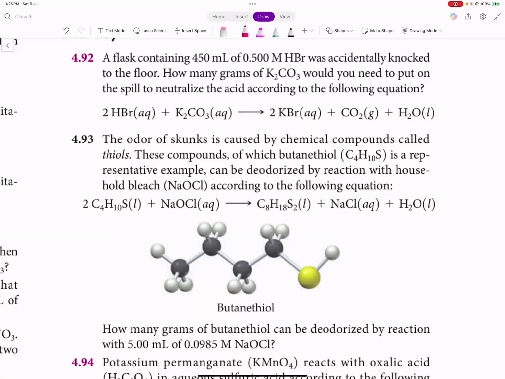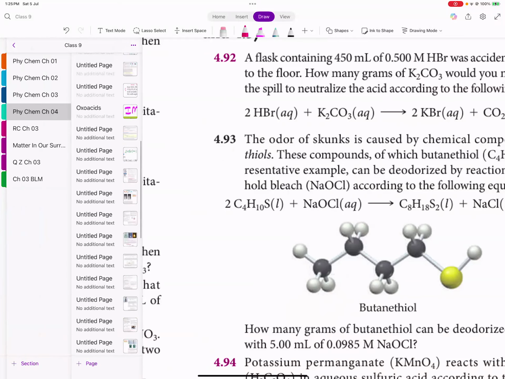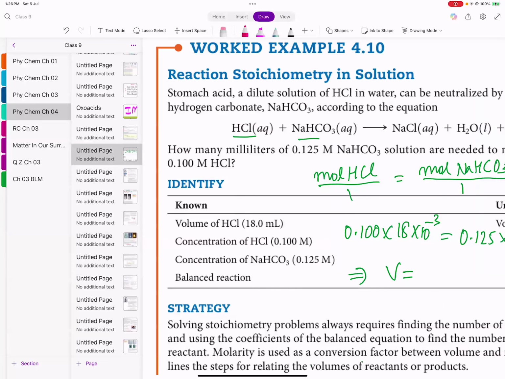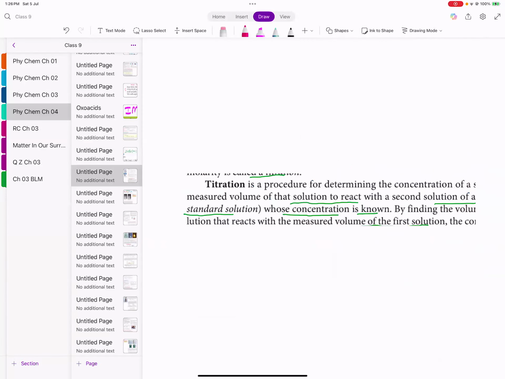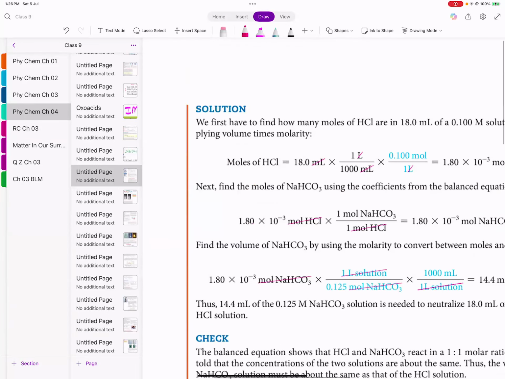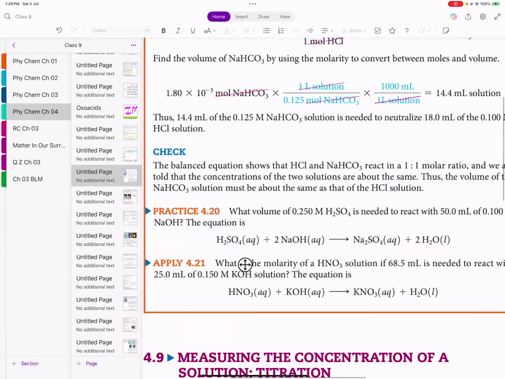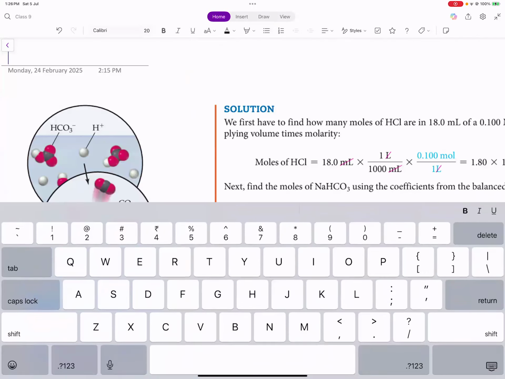Check this. This is a titration, right? Let's call it titration.